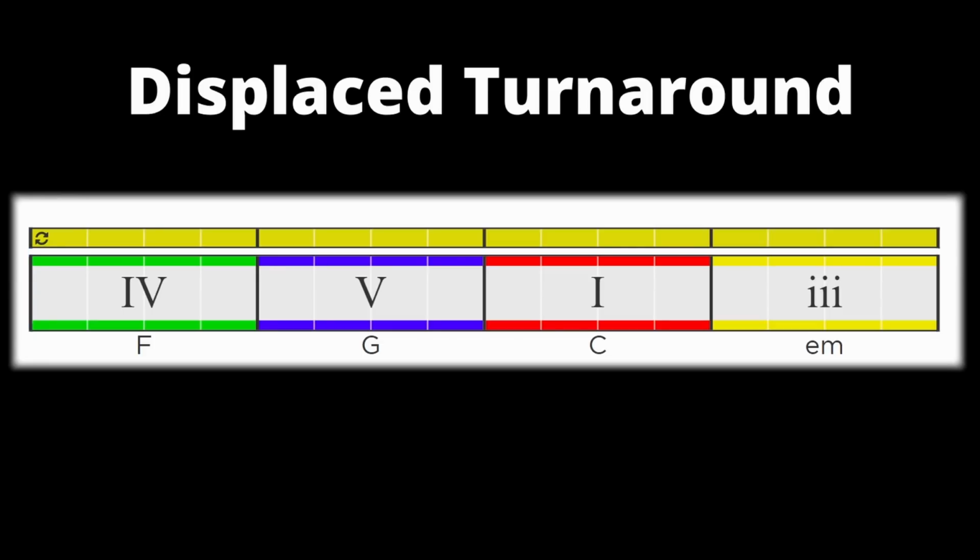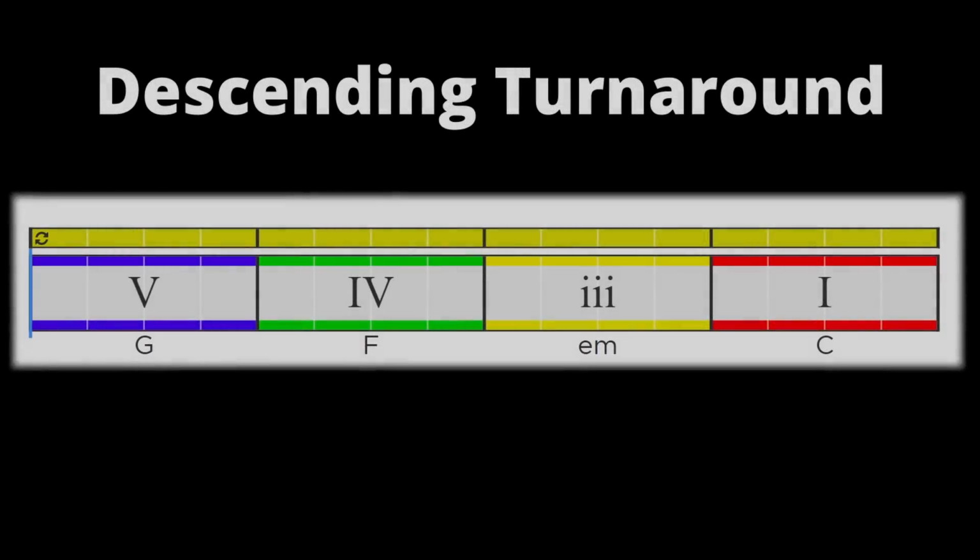For example, if we take our primary turnaround and reverse the order, starting on 5 and ending on 1, we create a descending feeling. This is useful at the end of a song or when creating a change in movement.